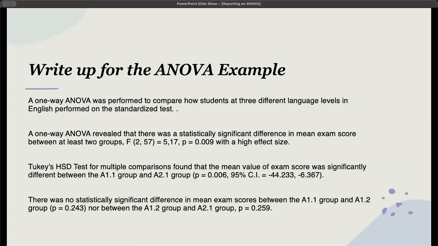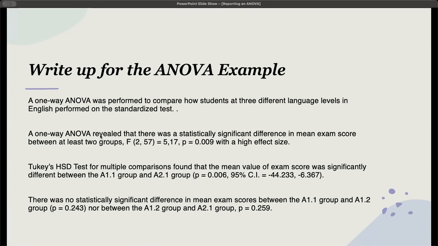So this is how you would do the write-up. For this particular data, I used the one-way ANOVA where we were comparing the performance of students in 3 different language levels on a standardized test. So a one-way ANOVA was performed to compare how students at 3 different language levels in English performed on the standardized test. A one-way ANOVA revealed that there was a statistically significant difference in the mean exam score between at least 2 groups.